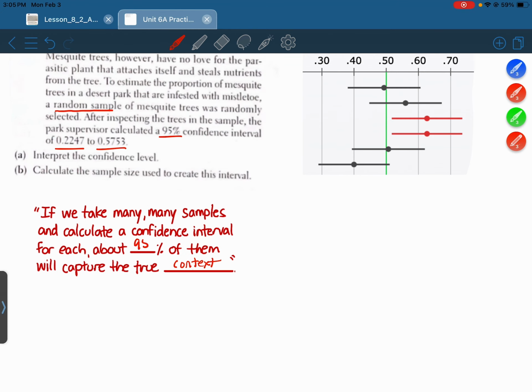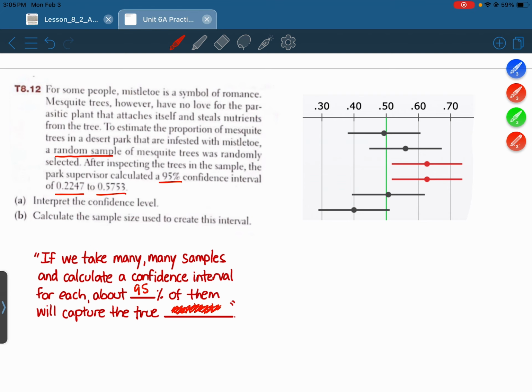So if we take many samples and calculate a confidence interval for each, about 95% of them will capture the true, okay, now I've got to add the context here. We're trying to estimate the proportion of mesquite trees in this desert park that are infested with mistletoe.